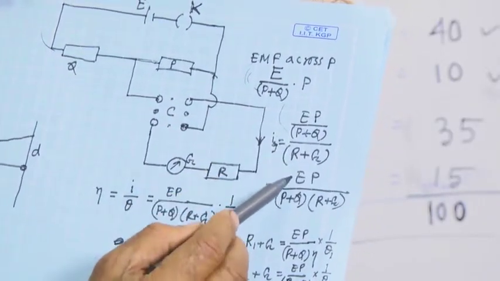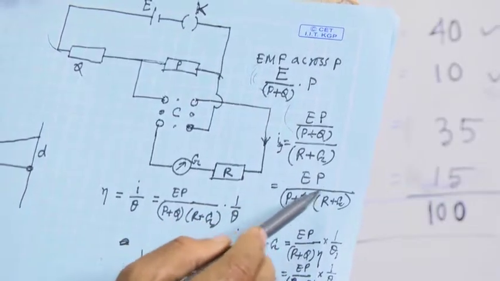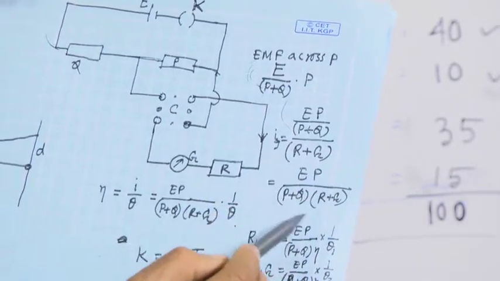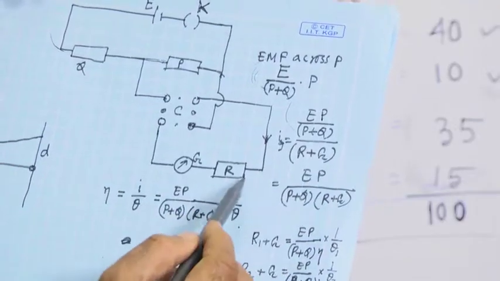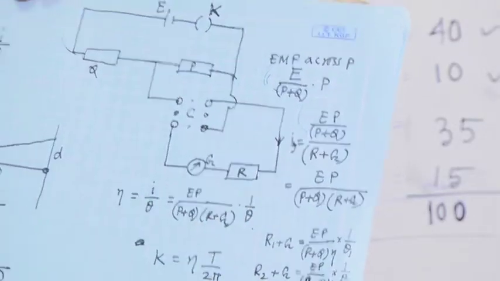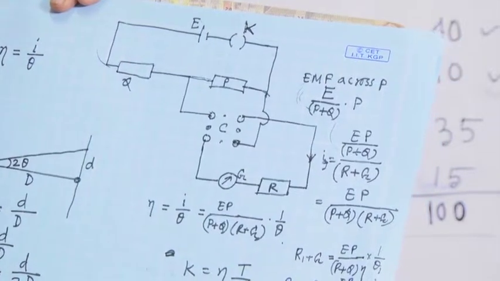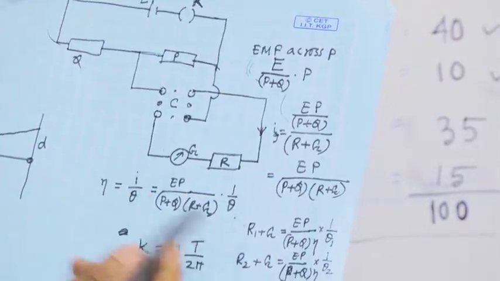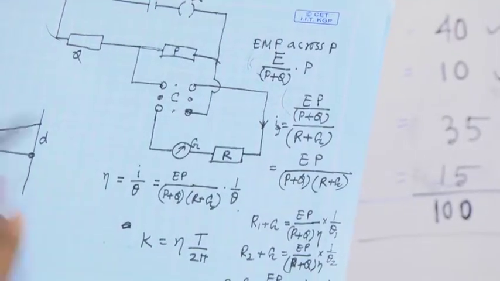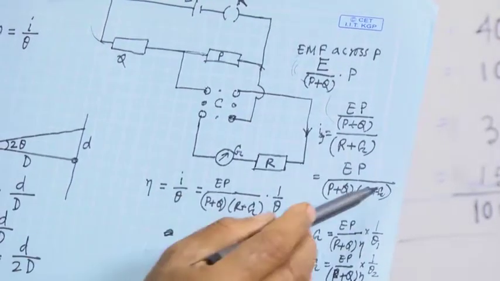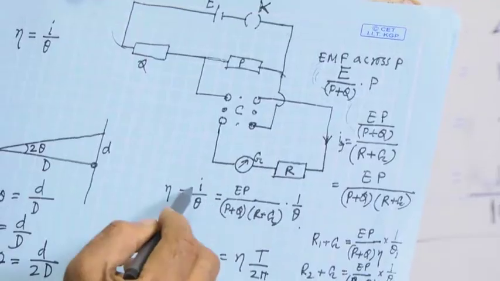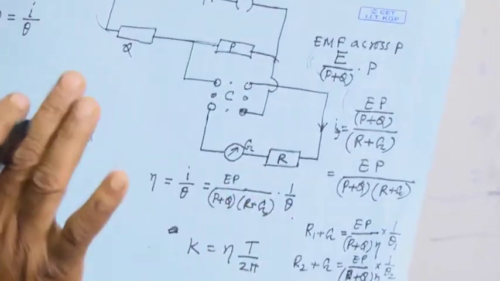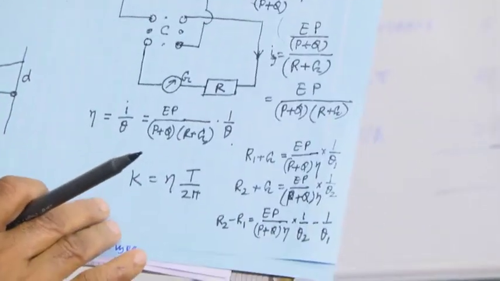So basically IG is E P divided by P plus Q, into R plus G. That is the current passing through the galvanometer. Now eta is basically I by theta, so I is this one into 1 by theta. That is the expression I have written.